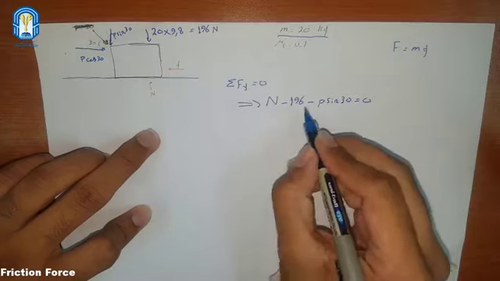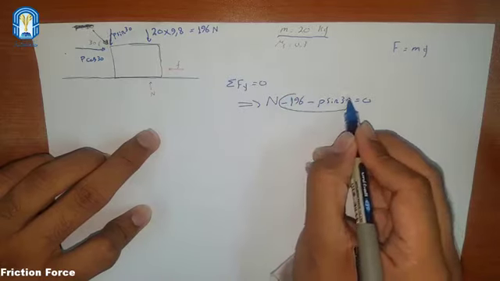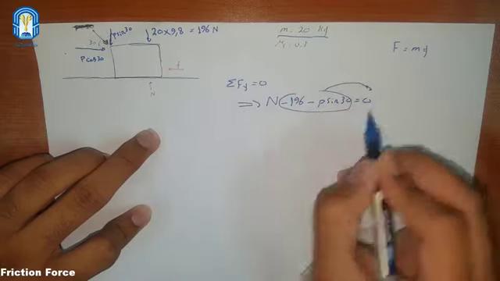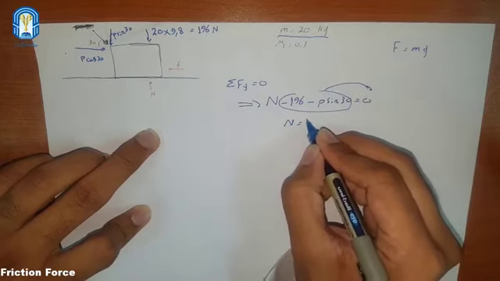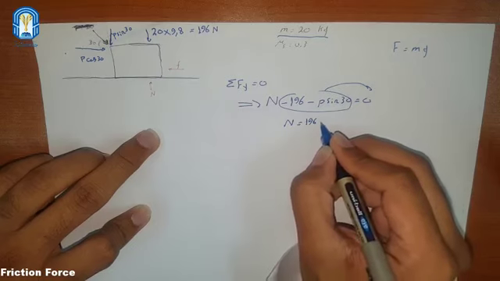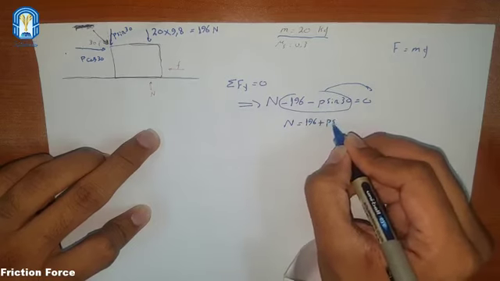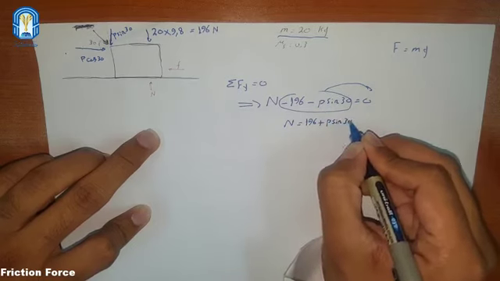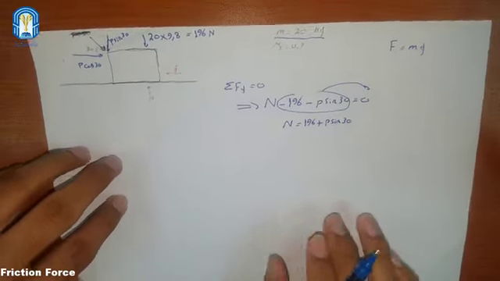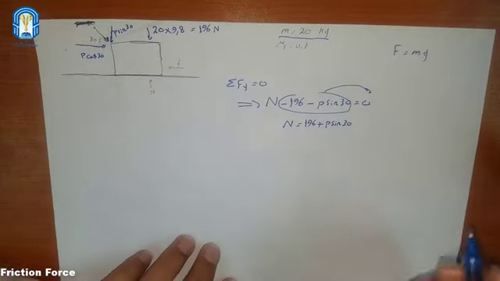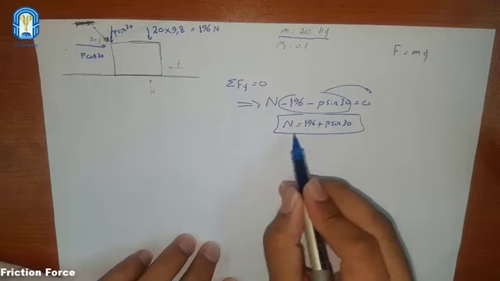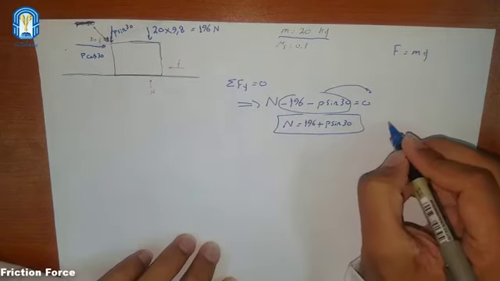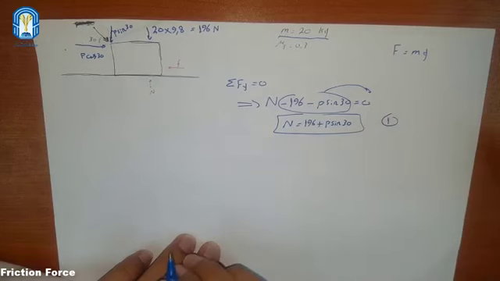Now, we want the N. We will move these numbers to this side, and it will give us N equals 196 plus P sine 30. Because we have two unknowns, we can't say anything yet. We just call it equation number 1.